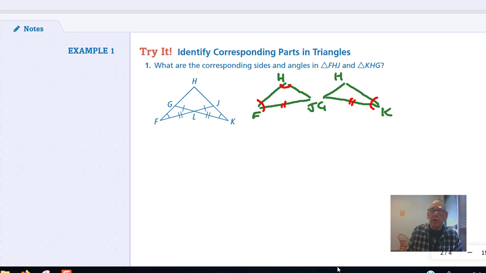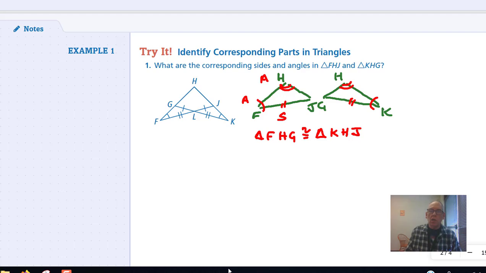And then at the top of the triangle, angle H is shared between both triangles, so it's congruent to itself. So in terms of a pattern, we have angle, angle, side. So these 2 triangles are congruent by angle, angle, side. We could say that triangle FHG is congruent to triangle, and F goes with K, H goes with H, and then G goes with J. I got those backwards.